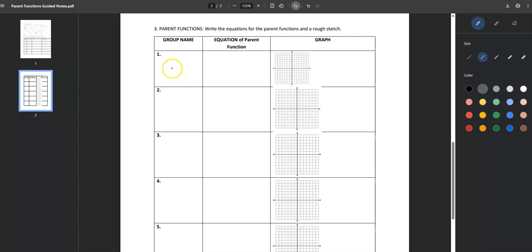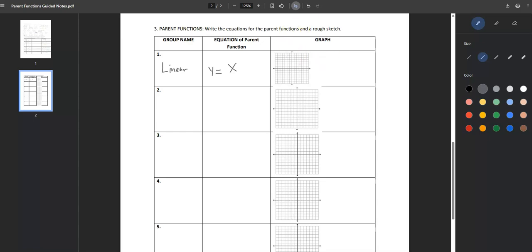We're going to start with a linear, okay? So our linear is going to be our first group name. And the equation is just going to be x for the parent function. So it's y equals x.